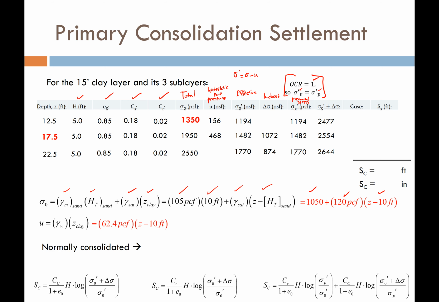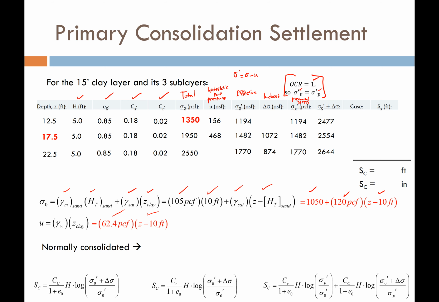So I just developed this relationship here, which is the unit weight of water times, again, the Z minus 10, which is just the depth below the top of the clay layer, or in this case, because the water table is right at the top of the clay layer, it's also the depth below the water table. I would have to adjust that equation if the water table was located at a different depth.